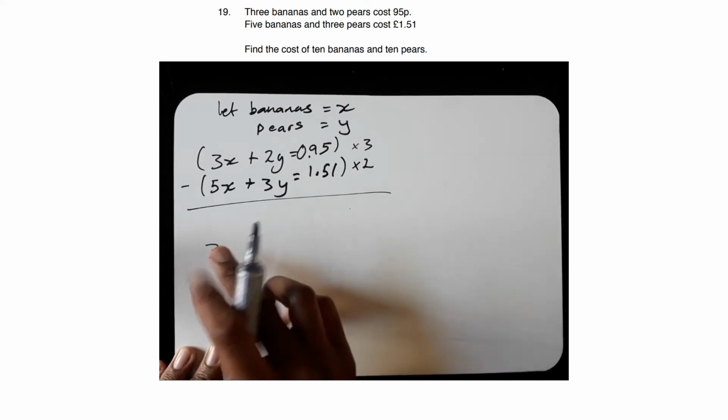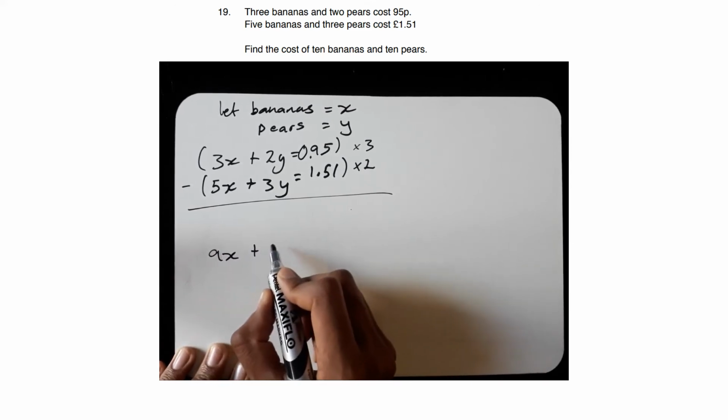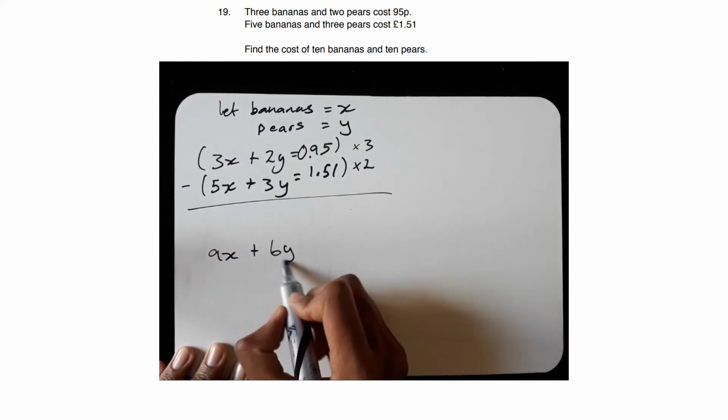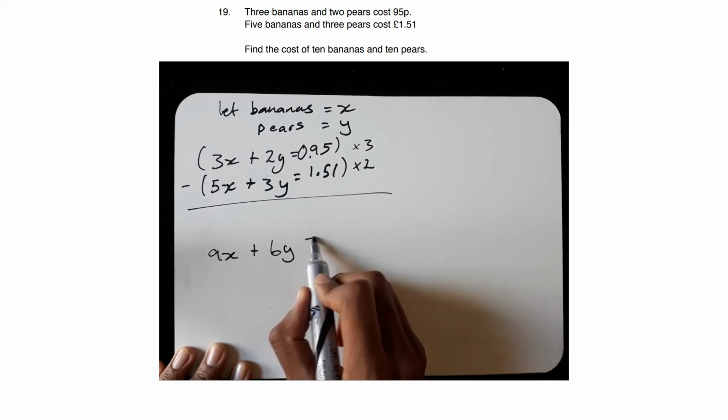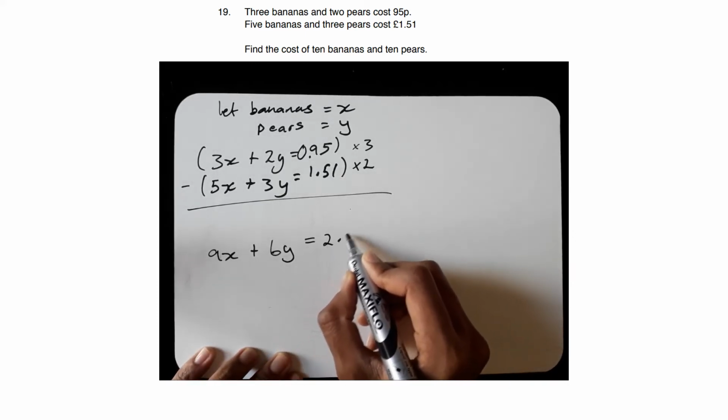So it's going to be, no, my bad, it's going to be 9x plus 6y is equal to 2.85.